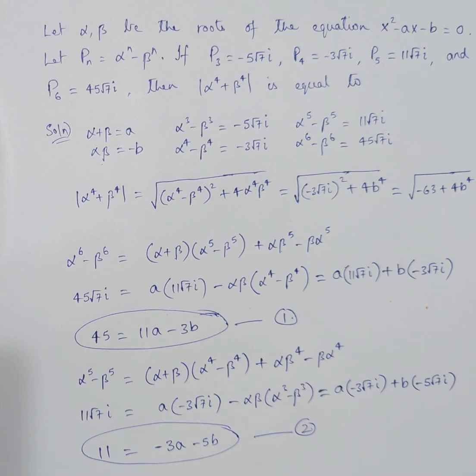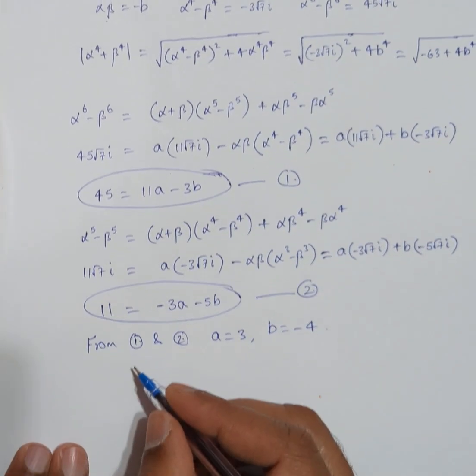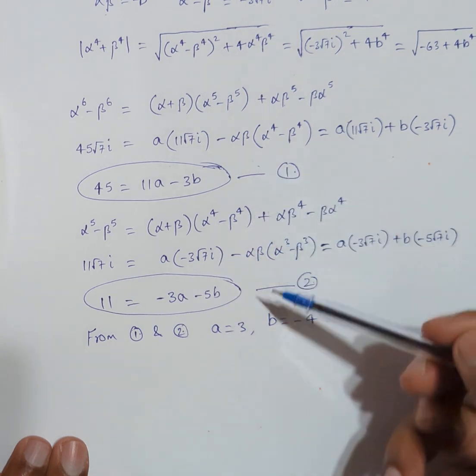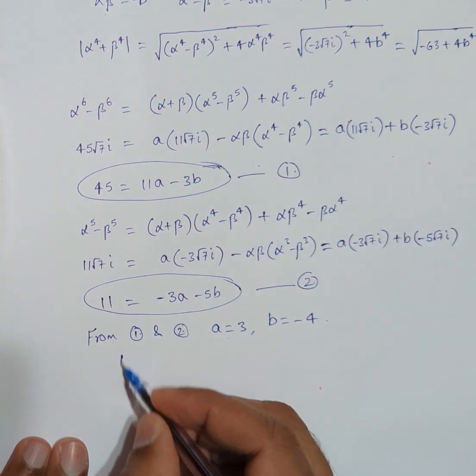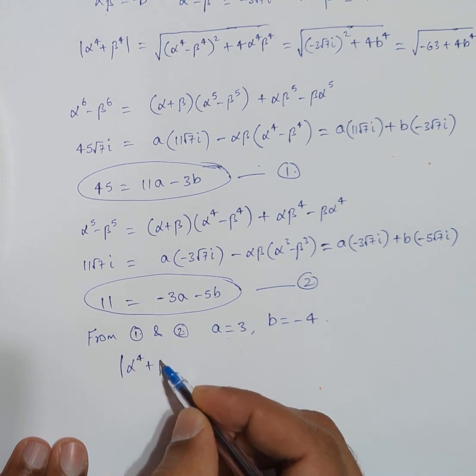So from 1 and 2, when I solve, I get a equal to 3 and b equal to negative 4. So when you solve these two equations, you get a equal to 3, b equal to negative 4, and we're almost there.